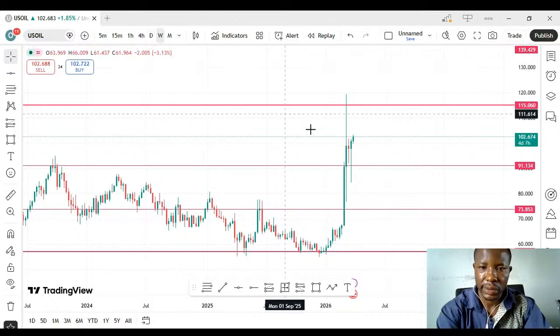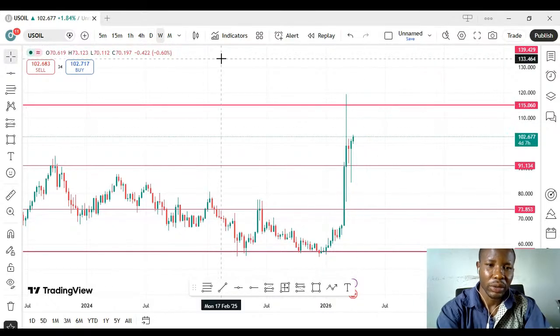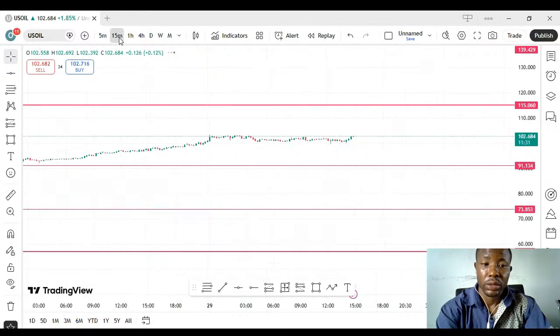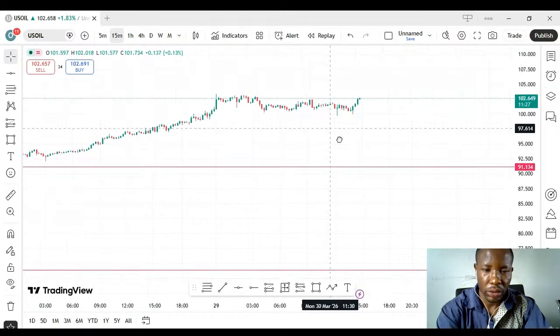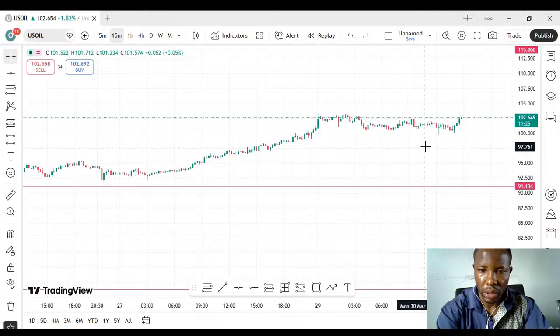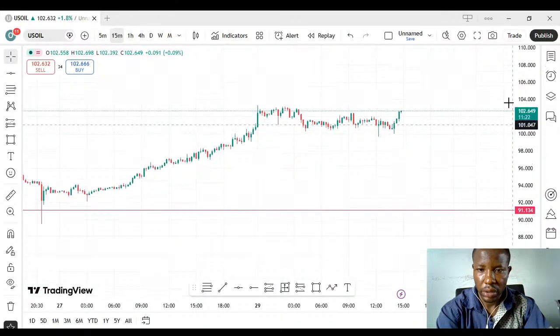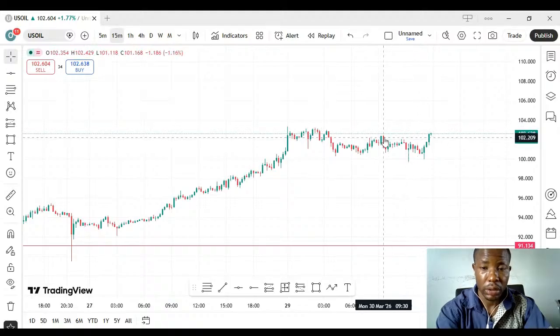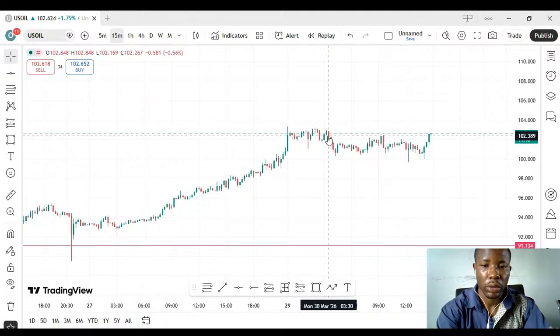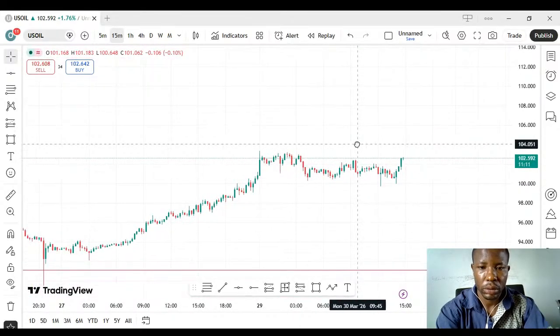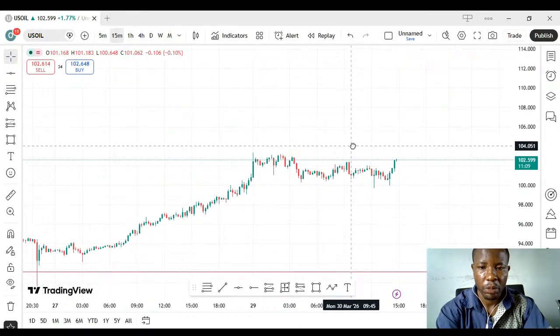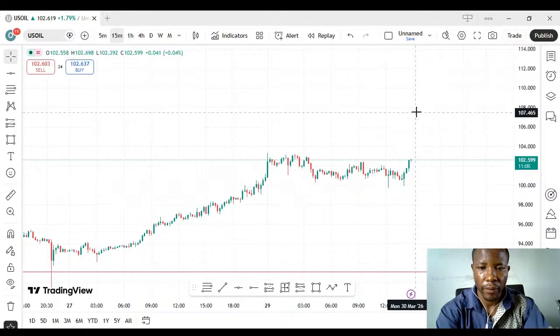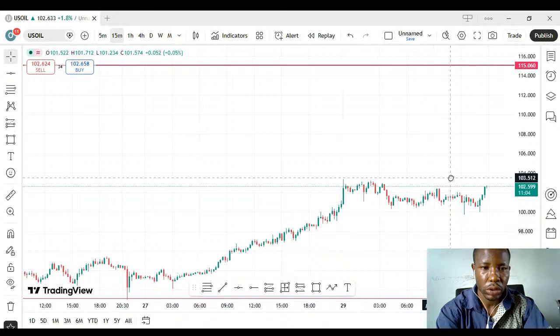It's still going back to 115K. So we can see that oil, even in our country here in Nigeria, is not going to come down soonest because everything is pointing to the upside. It is possible that in Nigeria we're going to buy oil at 2,000 naira per liter as time goes, maybe before the year runs out, if the price continues this way.